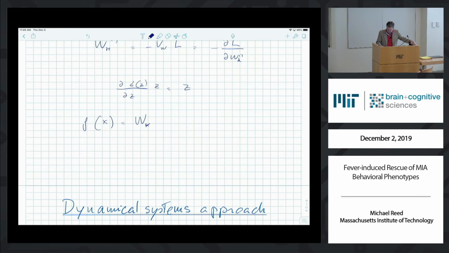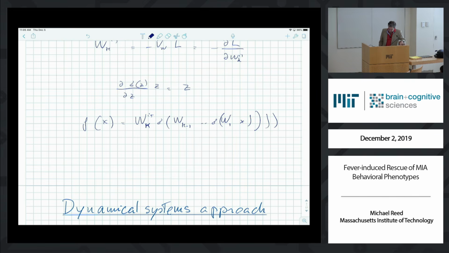So this will be the last layer, capital K, and then this will be multiplied component-wise for the lower layer, and so on, until you have W1, the first layer. You'll have this kind of expression for the deep networks.